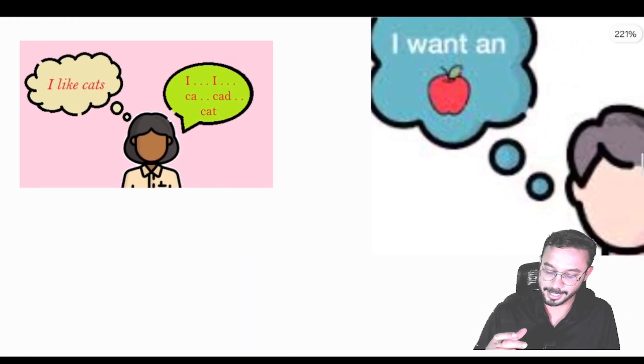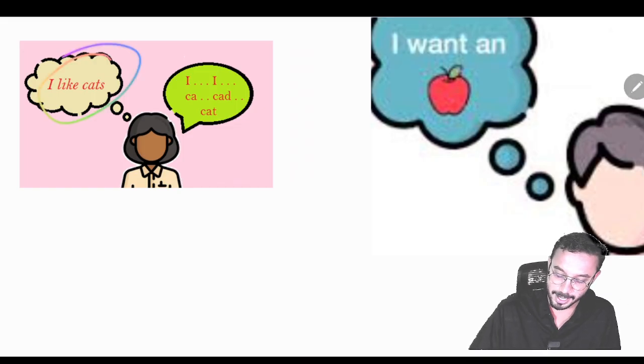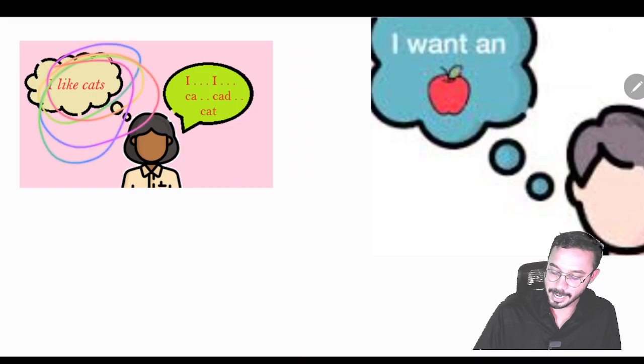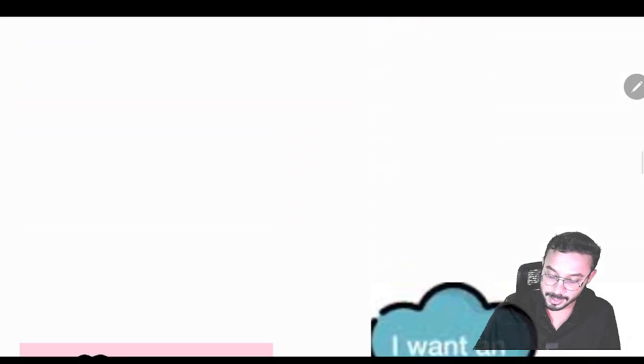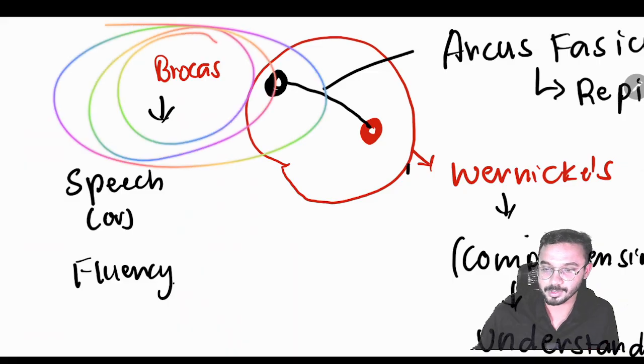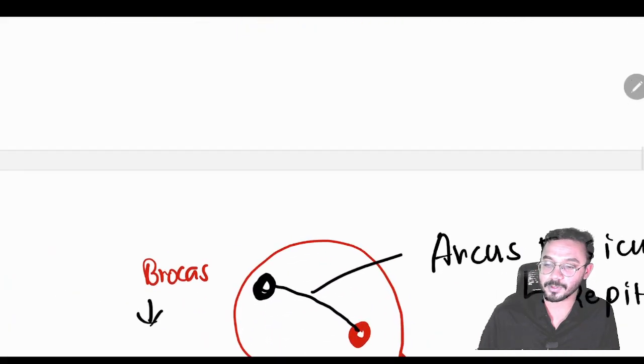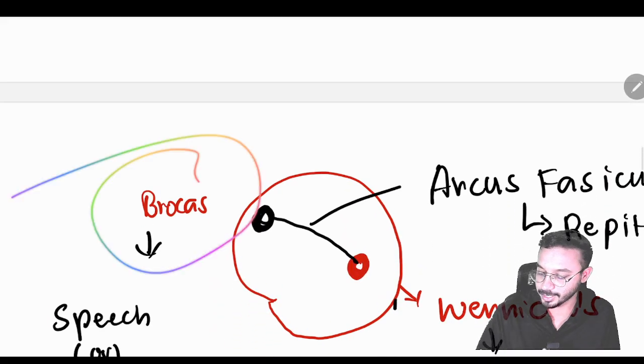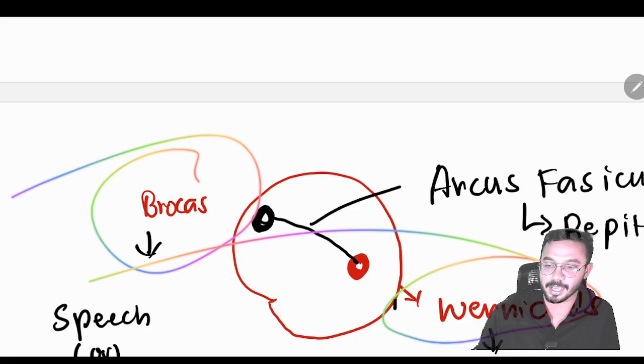I like cats. Imagine a person who likes cats, and Broca's area gets damaged. In all the stroke patients, we'll see Broca's area get damaged, Wernicke's area get damaged. I will be explaining.